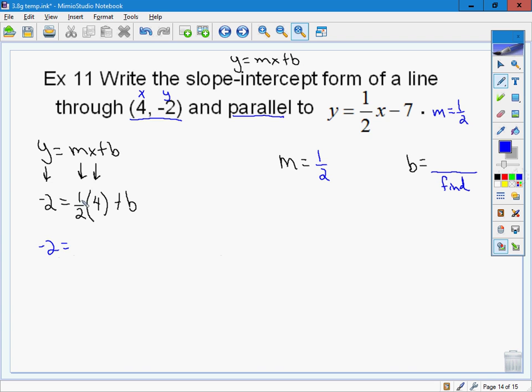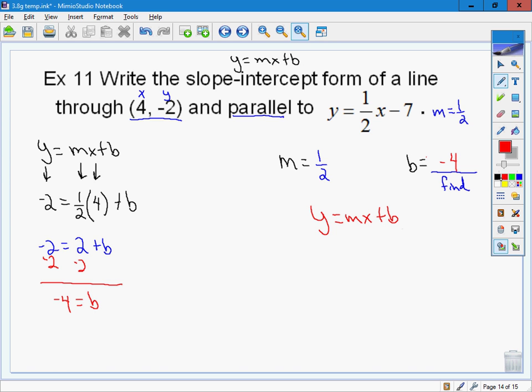Well, if I take half of 4, I get 2. And getting b by itself, I would subtract 2 from both sides. I now have b equals -4. You notice I have the two things that I need to write the equation in slope-intercept form.